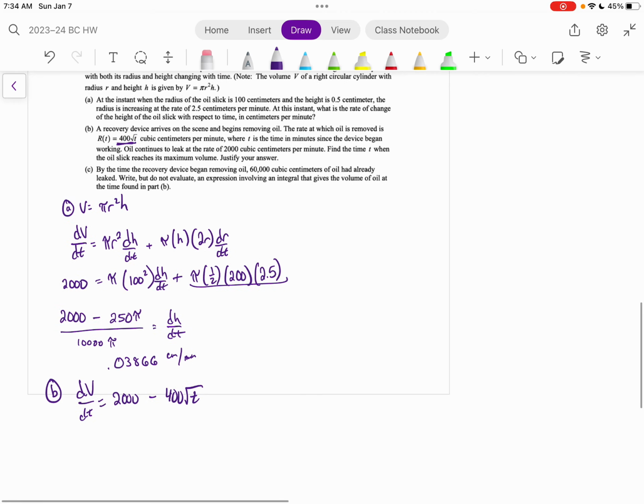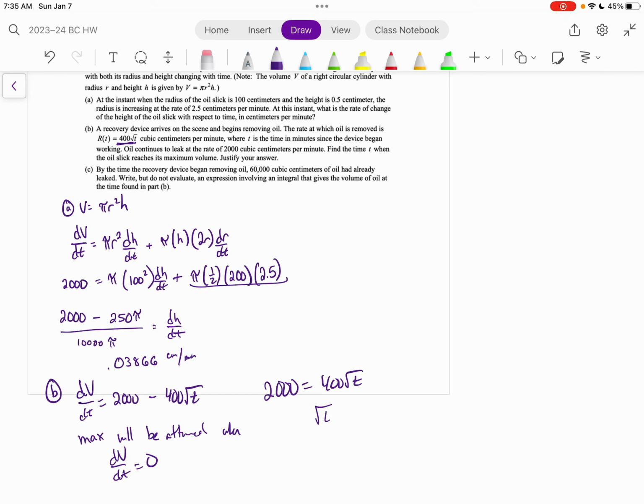And we want to know when this thing reaches a maximum. So max will be attained when dv dt equals 0. So we're saying, when is this true? Well, that's true here when root t equals 5. Sorry, my little one is here. When root t equals 5.